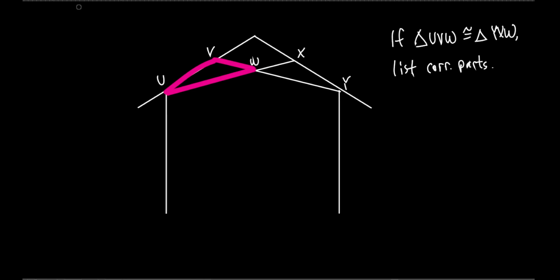All right, so there's one triangle. And what did we say it was congruent to? YXW, correct? So let's trace this one out in a different color. Should be a little straighter, but you get the idea. It's good enough.